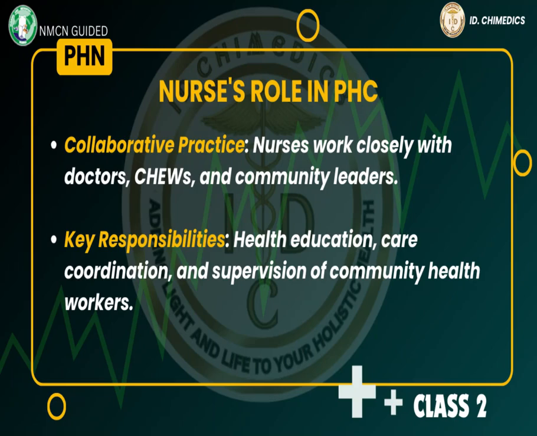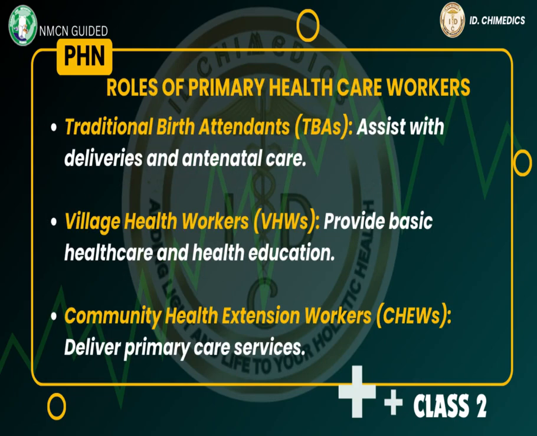Okay, lastly, I'll be looking at roles of primary health care workers and agencies, where we will be talking about their roles, their challenges, and collaboration with nurses, so that when you are in a particular place, maybe you are opportune to work with a TBA, you know their roles, their challenges, you know how to help in supporting them and assisting as well as supervising them where necessary.